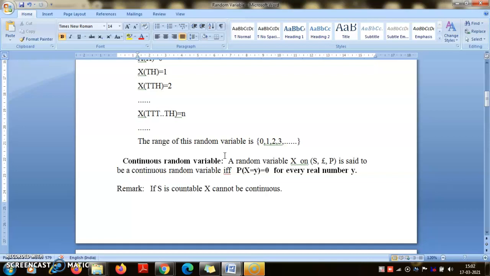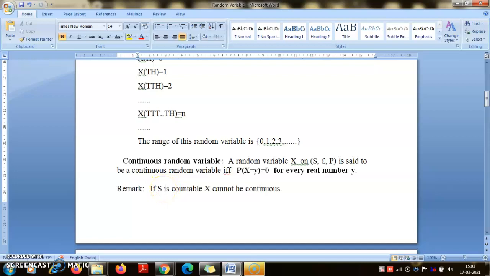Now we will see that this is clearly not possible if the underlying set S of possible outcomes, or the sample space, is countable. Then such a random variable does not exist, because that will violate the second axiom that P of S is 1. So if S is countable and probability X equal to y is 0 for every y, then P of S equal to 1 will be violated.